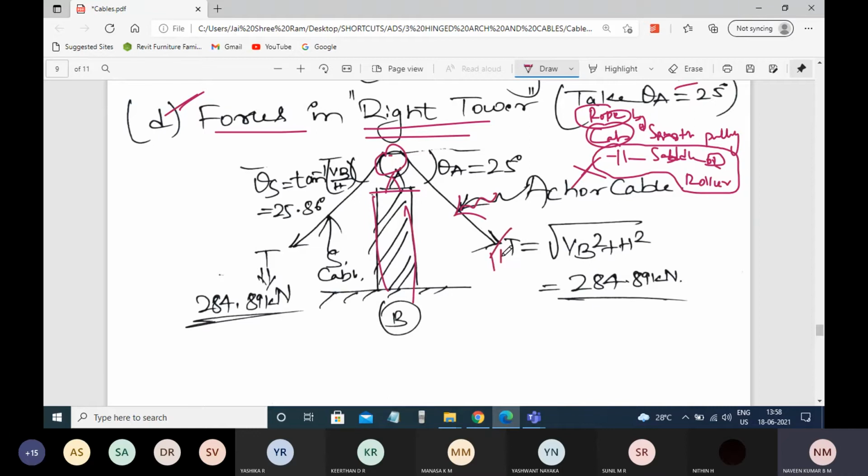This is fixed to the ground, right? And this becomes the suspension cable, connected to tower A, something like this. Now we are finding at one particular section. That is more than enough. Understood?